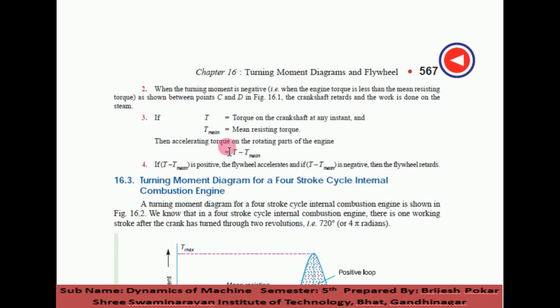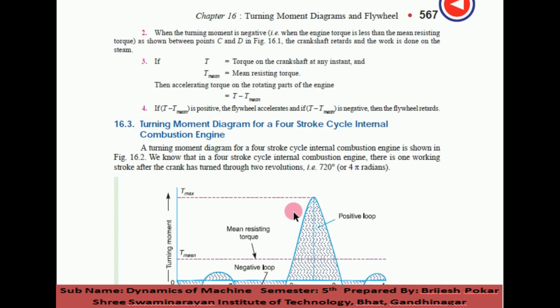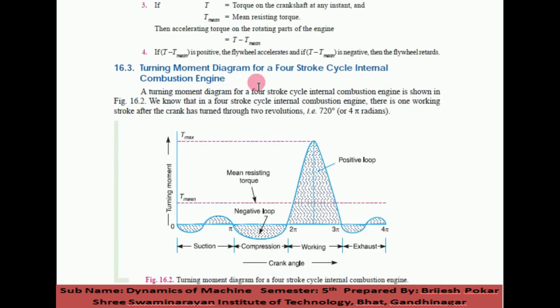The accelerating torque on the rotating parts of the engine is equal to T minus T mean. If T minus T mean is positive, the flywheel accelerates, and if it is negative, the flywheel retards.